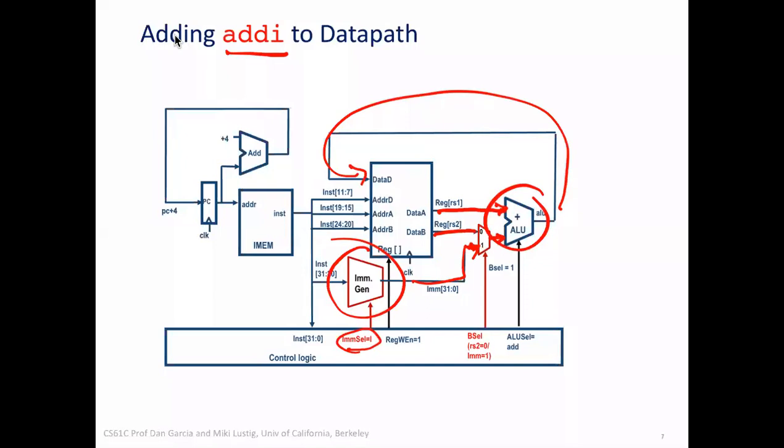Hence we need some kind of control signals which will tell how to assemble the bits coming from the instruction and create a 32-bit signed integer. We will look at this.